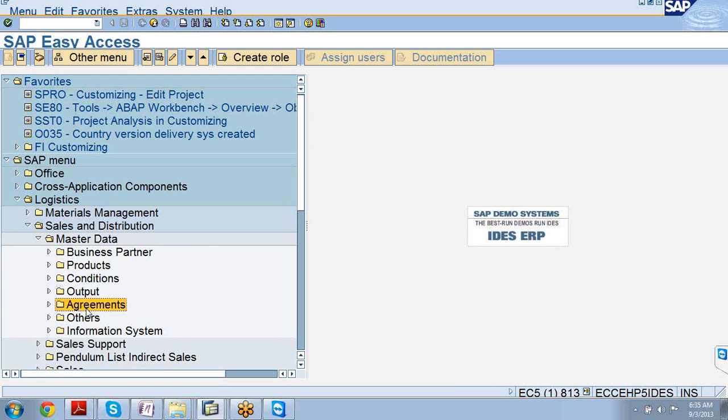All these master data will depend on the following modules: number 1, FICO. Number 2, warehouse management.